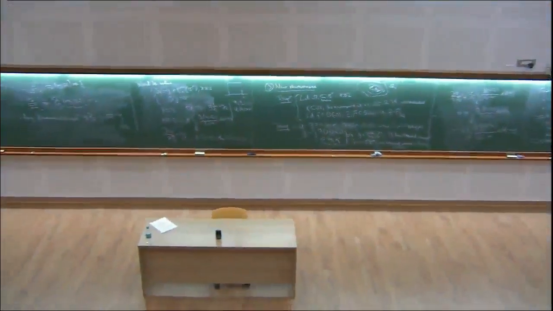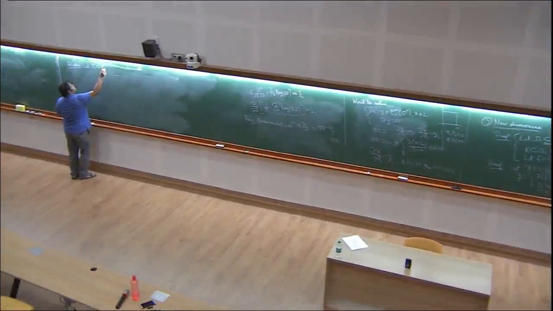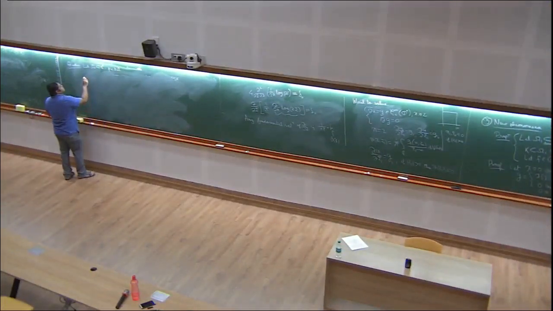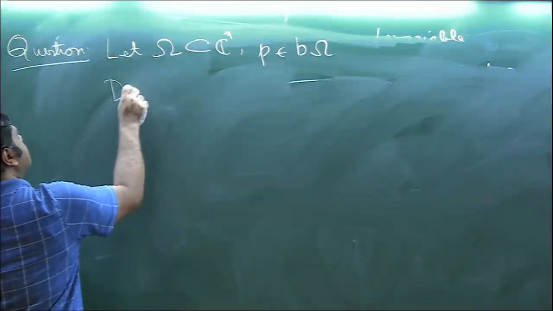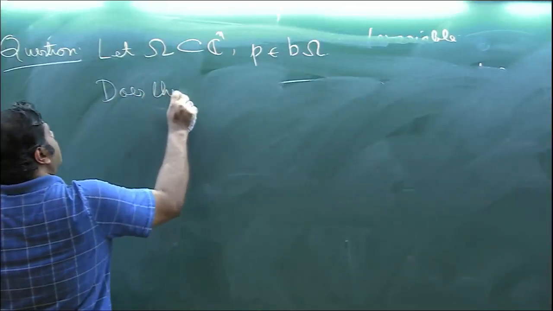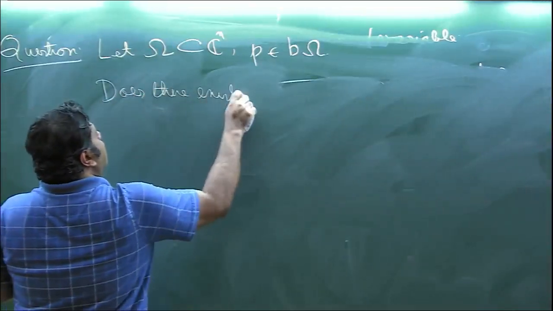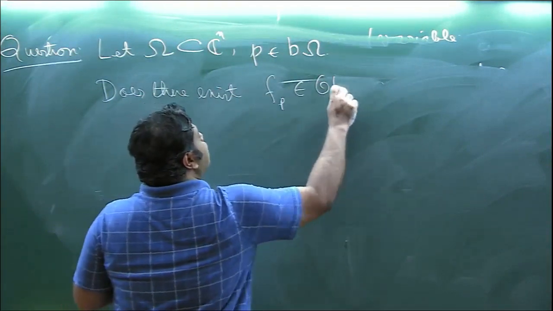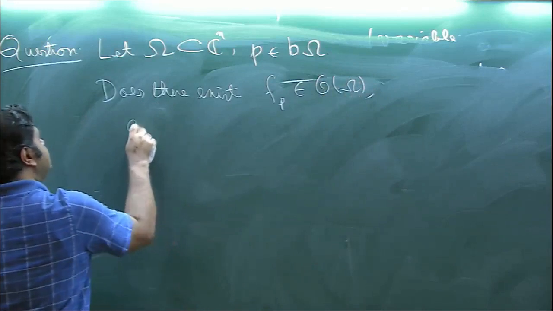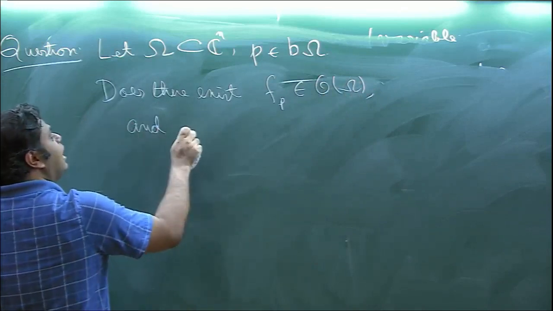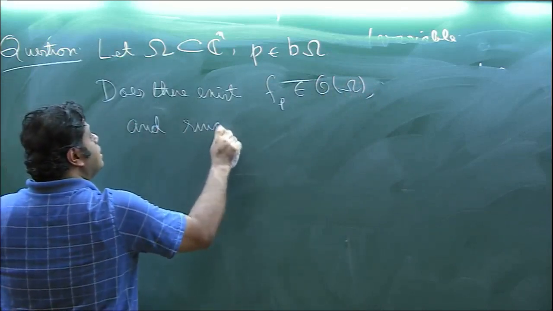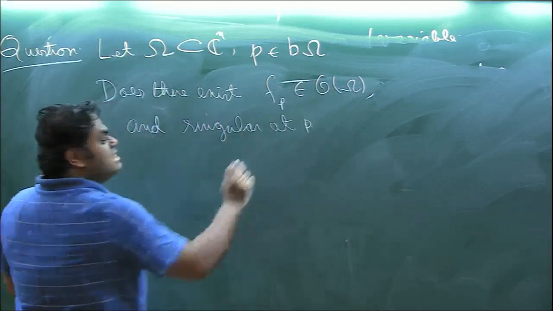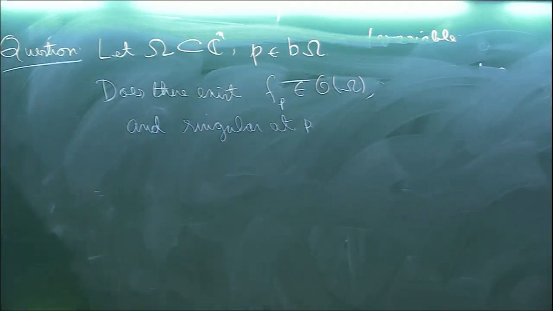Let omega be a domain in Cn, and let P be a boundary point of omega. Does there exist a function fp which is holomorphic on omega, and I'll just state it vaguely now, and singular at P? So does there exist a function which is badly behaved at P?